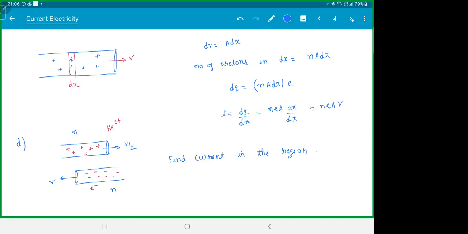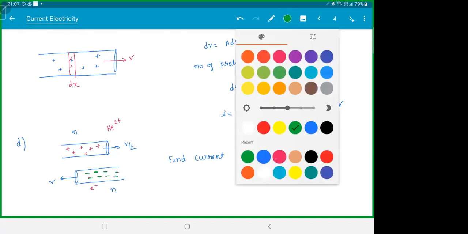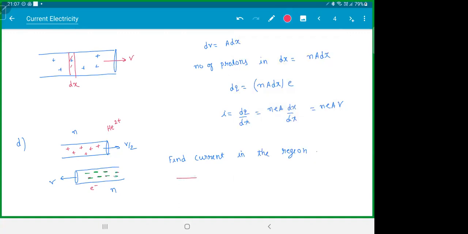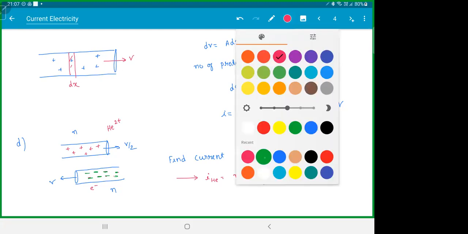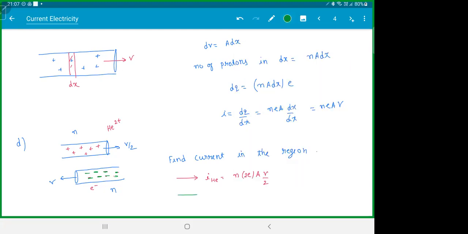See. So the helium is a positive charge, which is going right side. The current due to this helium will be n, charge will be 2e. Remember, charge is 2 plus it is. 2e, area is A, velocity is v by 2. Electrons are going to the left, so the current will be to the right. So current due to the electrons will be nAev.